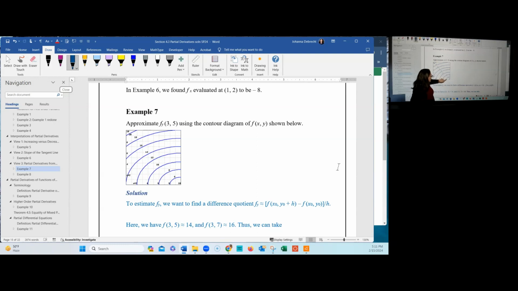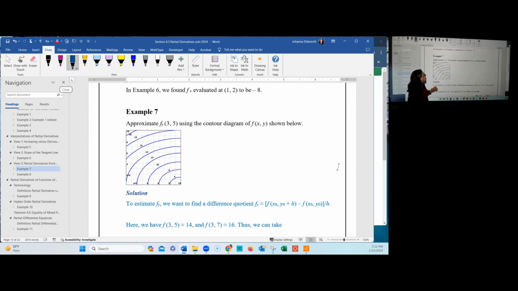And remember that along these blue arcing curves, the value of z is always the same. So if you walk along the contour line, you're not changing the z value. It doesn't go up, it doesn't go down, it stays constant. These are labeled 6, 8, 10, 12, 14, 16, 18, and 20 as you move from the right to the left, coming out towards the larger ones on the outside.